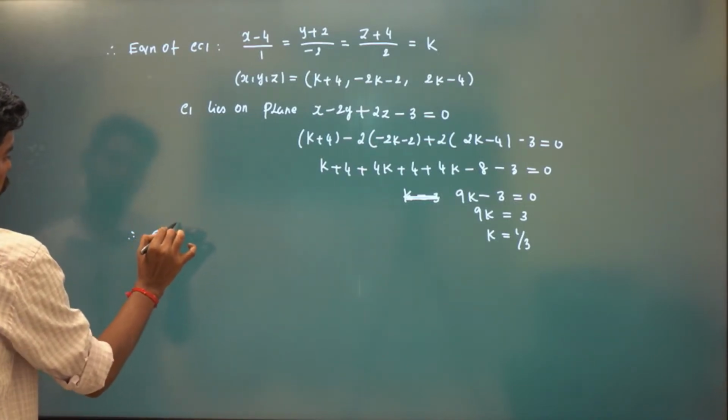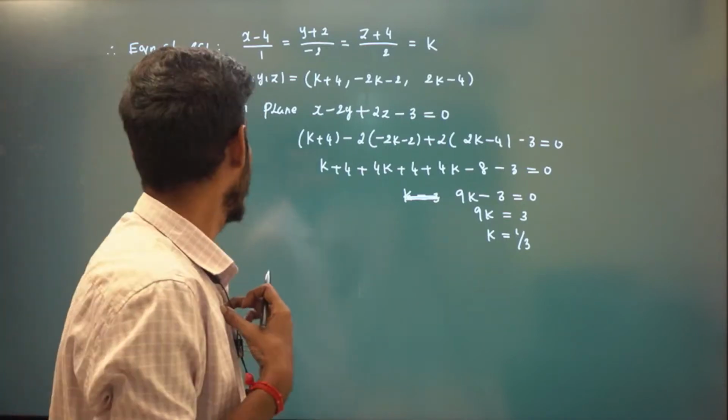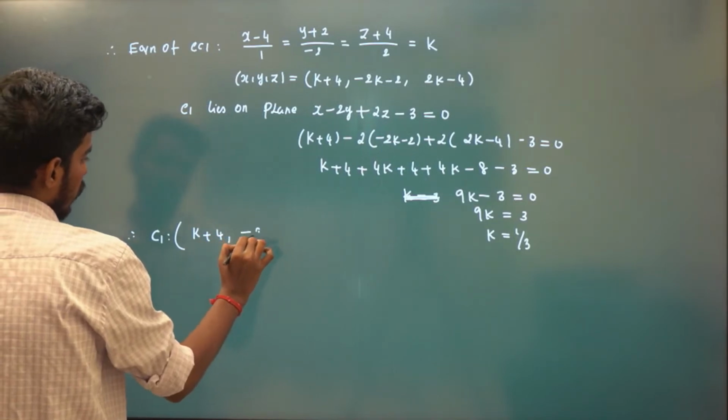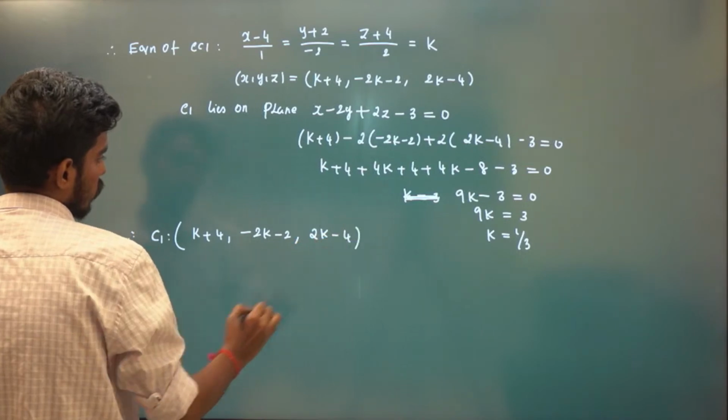So if k is 1 by 3, C1 is the center of the circle that we need to find. So k plus 4, minus 2k minus 2, 2k minus 4.